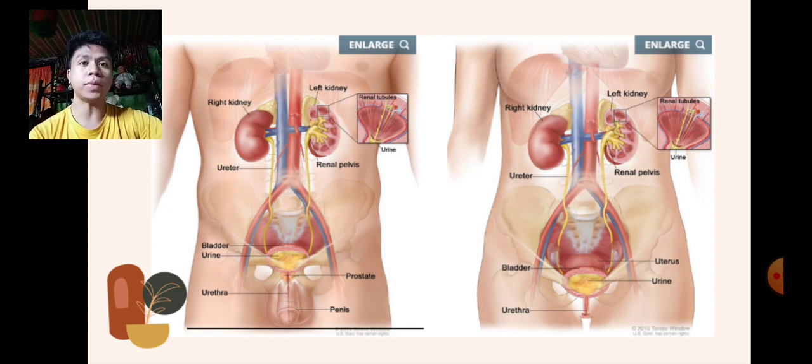The organ that releases the urine in the male is the penis, which is the reproductive organ. For the female, the urethra opens through the vagina.